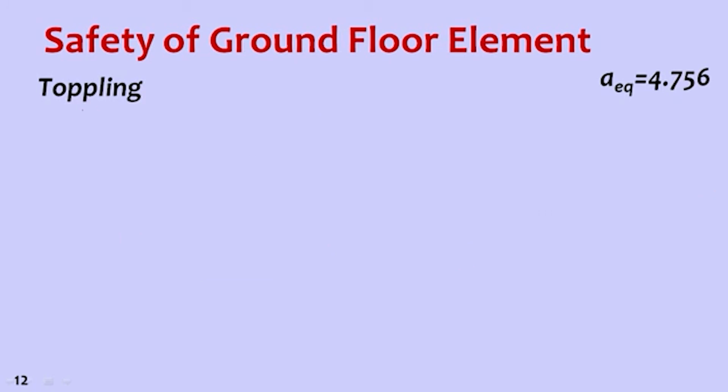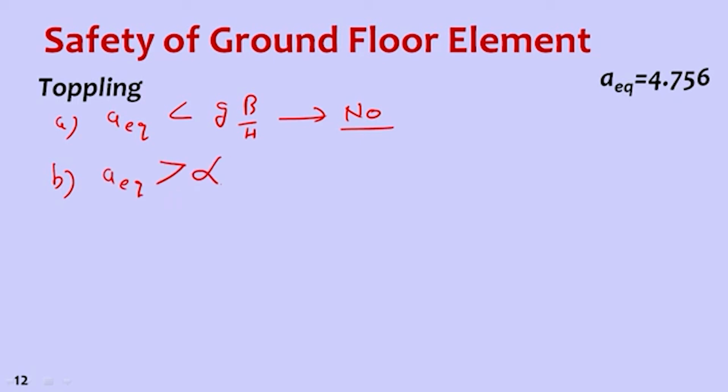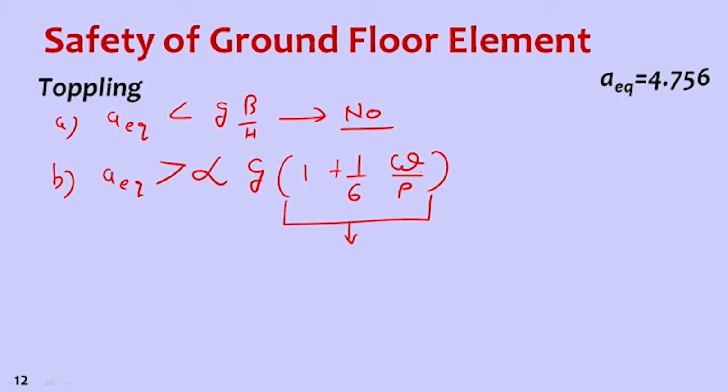Now let us move to the last one. Lastly, the first condition for toppling is AEQ should be less than G into B by H, which was not satisfied. You can directly see it from the sliding case. I will move to the second case, where we have to compare AEQ with alpha G, 1 plus 1 by 6 omega over P. Now this value will be constant. There is no parameter which can change the P value, hence we can directly go with the earlier value of 2.1132.